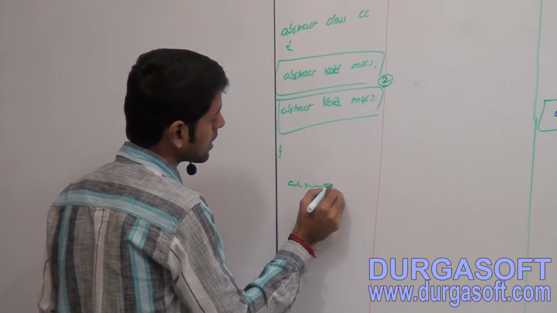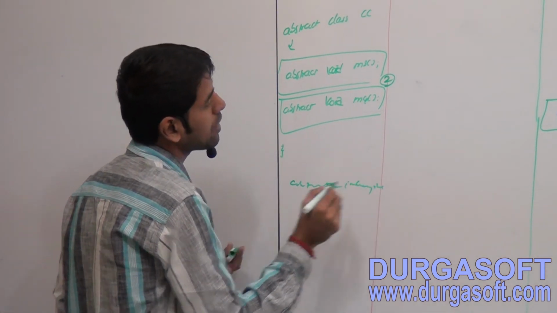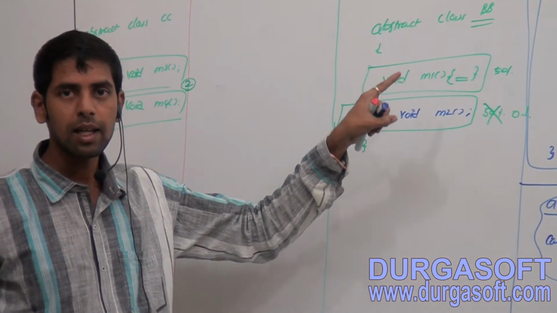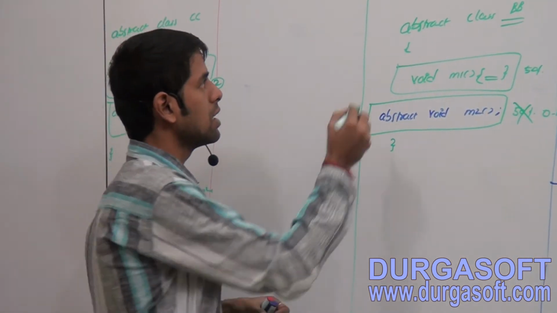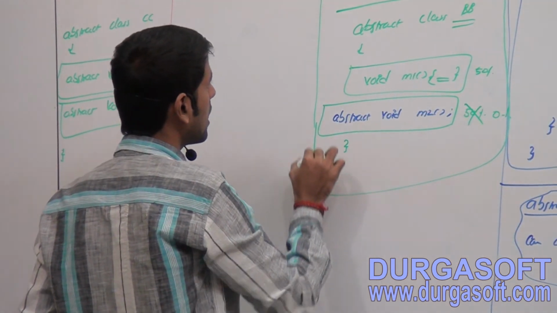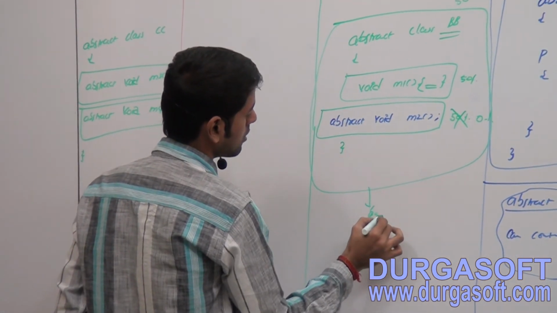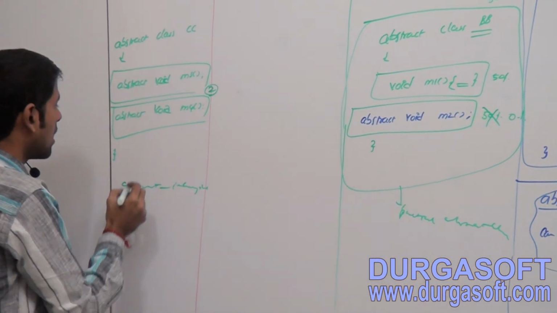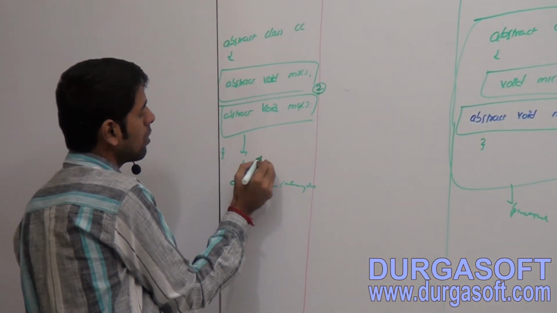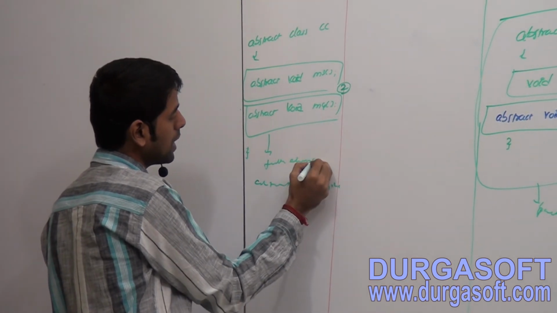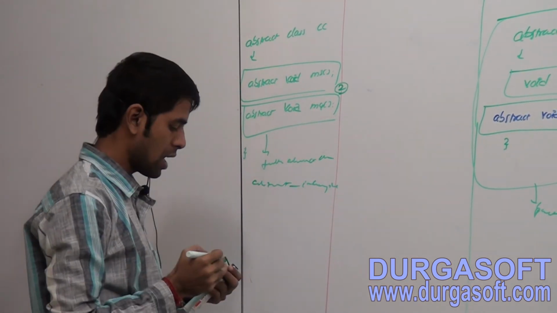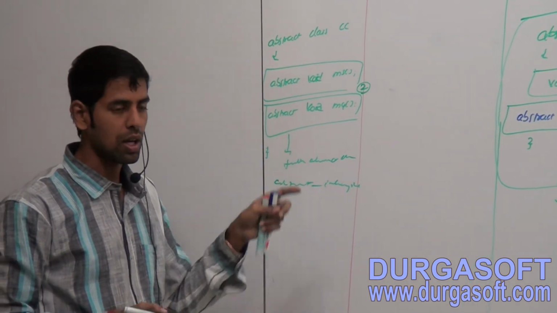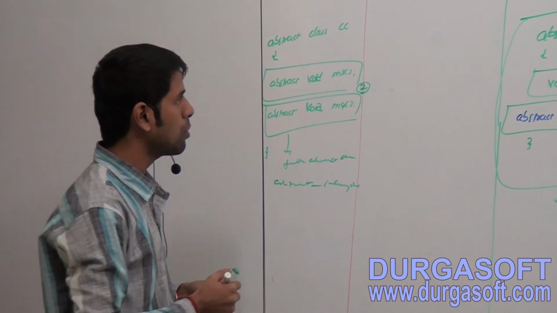Here the earlier one was a partial abstract class, and this class is a complete abstract class, having all methods as abstract. Now I am going to write one more class.